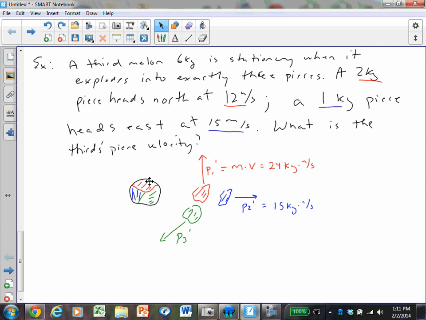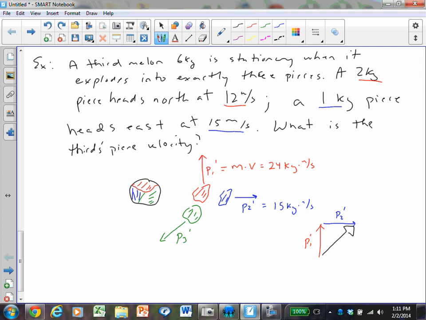The momentum of the third piece is the equilibrium of the sum of the vectors of the first 2 pieces, P1 prime plus P2 prime. Because if you sum over here, I'll just draw P1 again, prime, and P2 prime, like that. If you sum those up, you could see that it would equal a vector going off in this direction, like so.